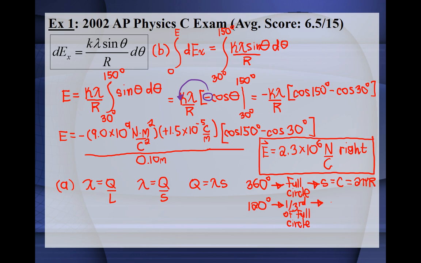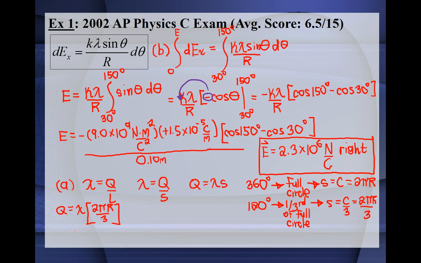So the arc length would just be the circumference divided by 3. So the total arc length would just be 2/3 pi r. Okay, so now we're just going to plug this into the equation here. So Q would then be equal to your linear charge density multiplied by 2 pi r divided by 3.